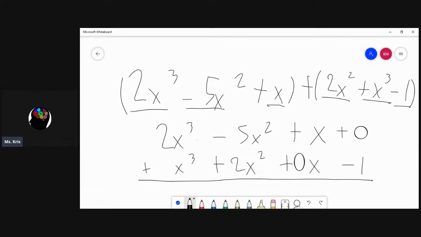Okay? So now, 2x to the third plus x to the third is 3x to the third, minus 5x squared plus 2x squared is minus 3x squared, plus x plus 0x is plus x, plus 0 minus 1 is minus 1.